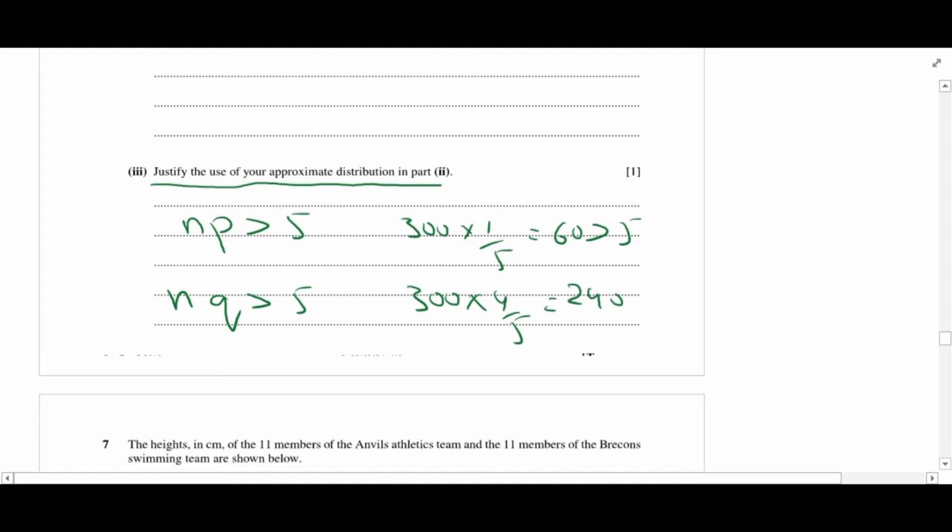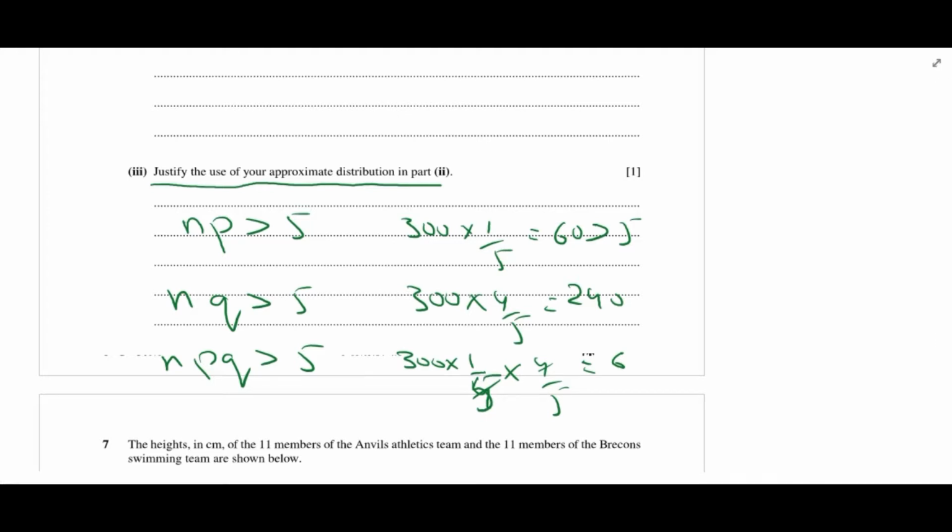So 300 into 4 by 5 would be 240. In some other books, they do npq as well. This should again be greater than 5. I recommend that: 300 into 1 over 5 into 4 upon 5. So just insert and we will get our required answer.